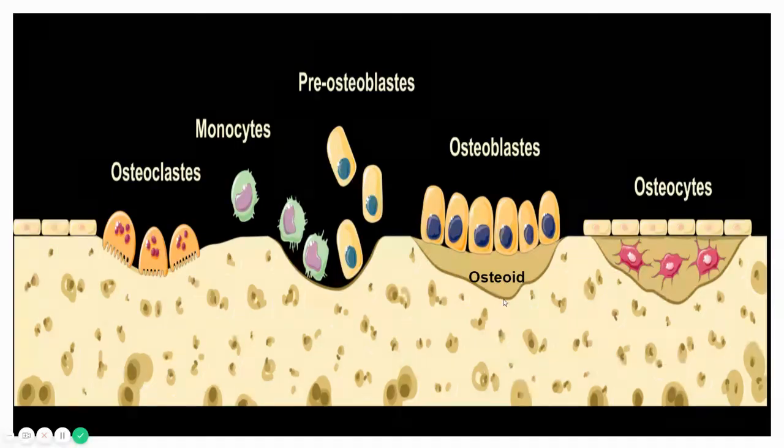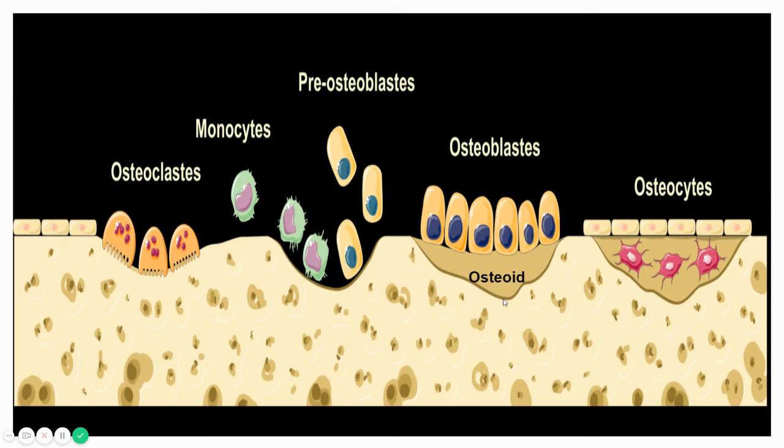And when we're talking about the remodeling of bones, I keep saying cells and I apologize. So for the remodeling of bones, we're going to start here with the osteoclasts. These osteoclasts are going to come in and break down the calcium and the calcification of those osteoids and break down the bone. These monocytes, depending on where you look, can also be called phagocytes.